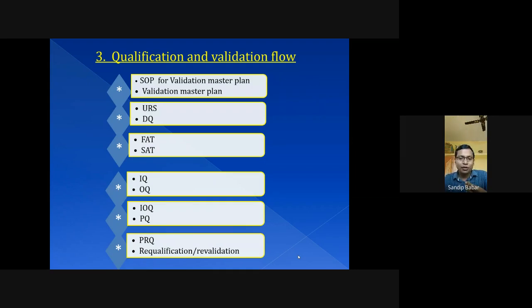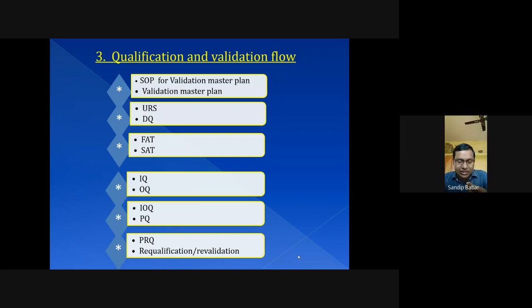In that, we will document what systems will be there in our facility, like the HVAC system, air handling unit, water system, purified water generation and distribution system, water for injection generation and distribution system, pure steam generation and distribution system, compressed air systems, and process air for process requirements, like the air and oxygen you require in the fermenter.